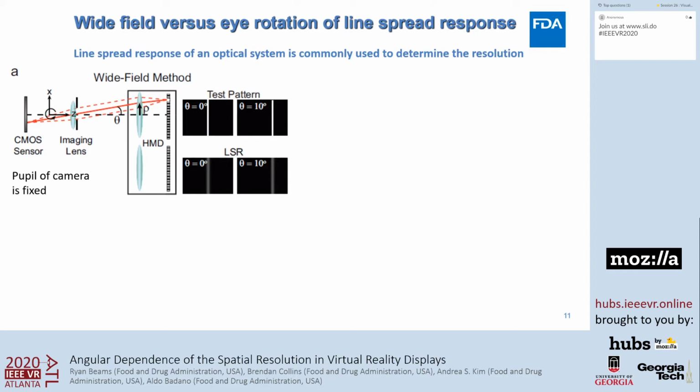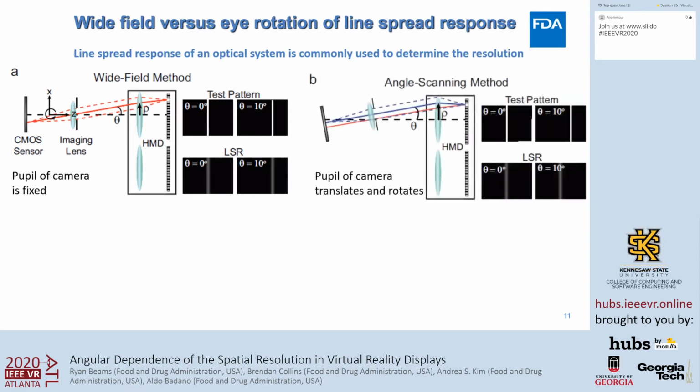In the laboratory, the way this looks is we have an imaging system with a CMOS sensor, a lens in front, and then we put the pupil out in front of the lens to more closely mimic the human eye. And then in the wide field case, the pupil's fixed, we just image it onto the sensor.